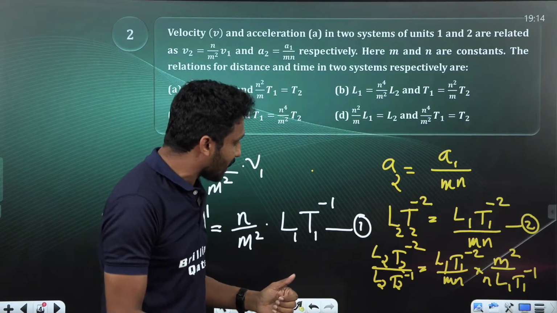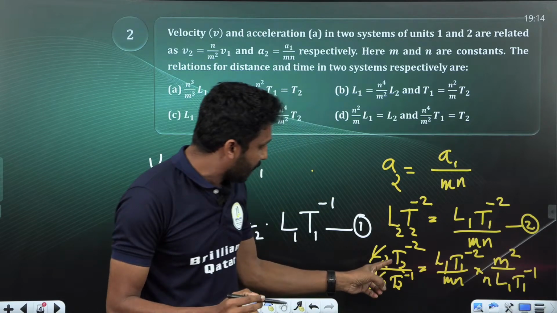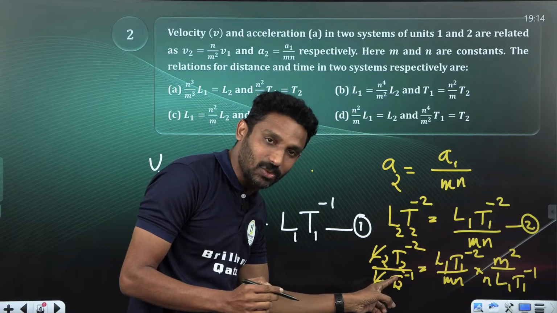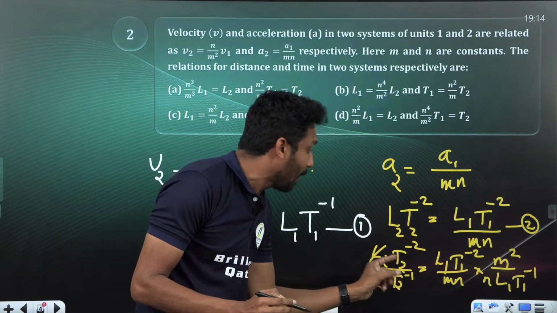We can cancel certain things here. L2 is cancelled. T2 power minus 2 divided by T2 power minus 1 will be T2 power minus 1 only, on LHS.